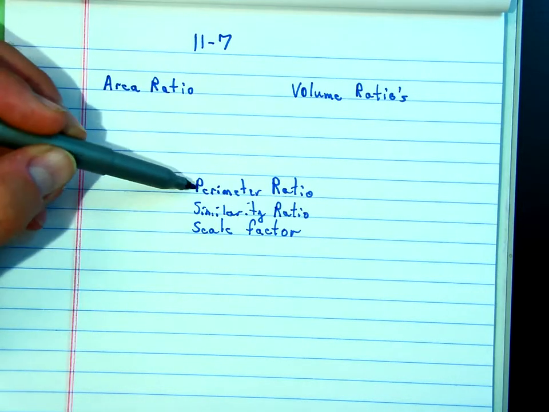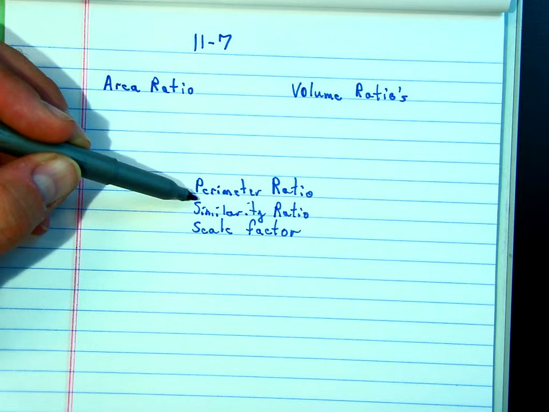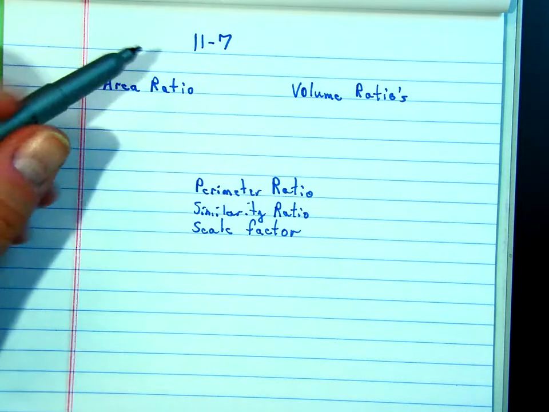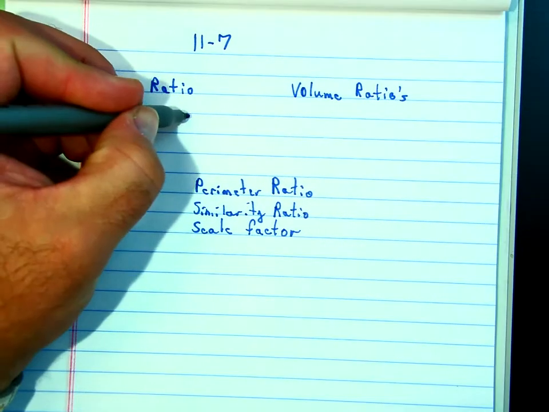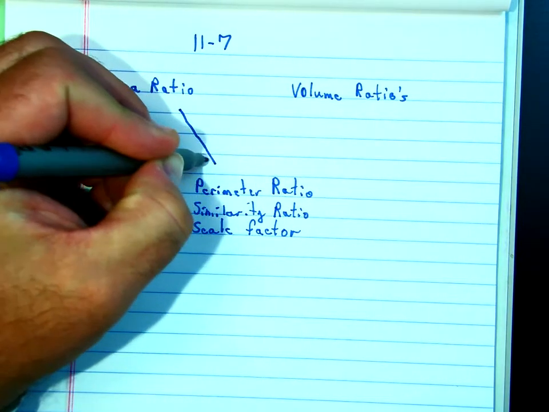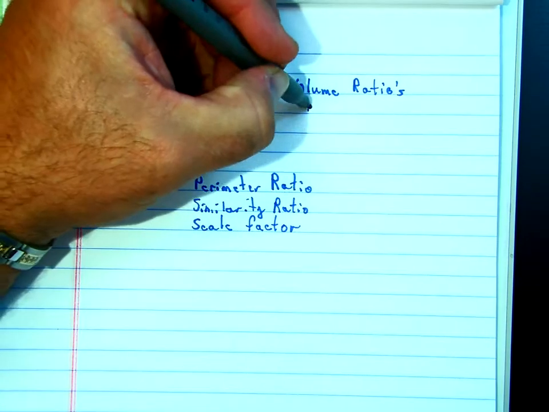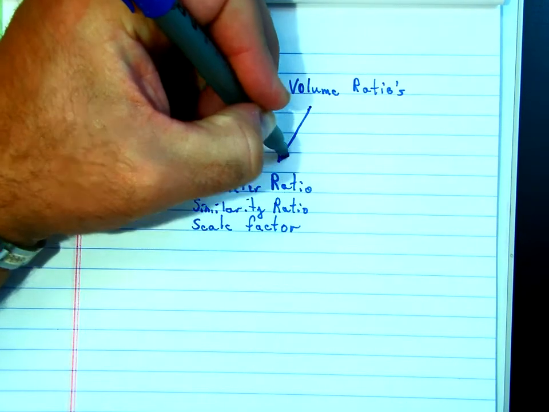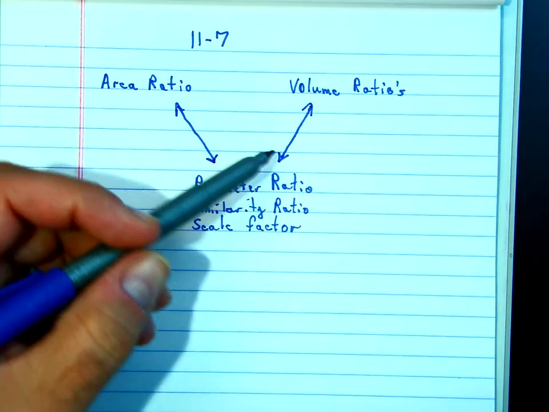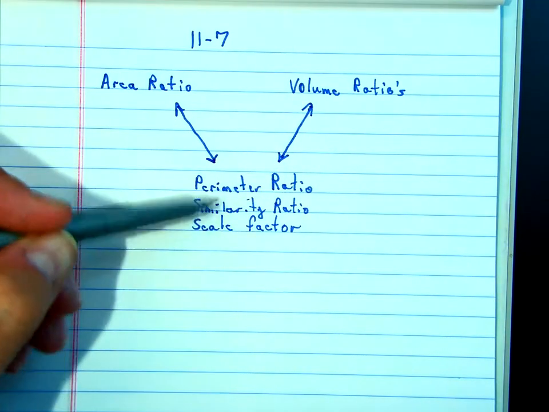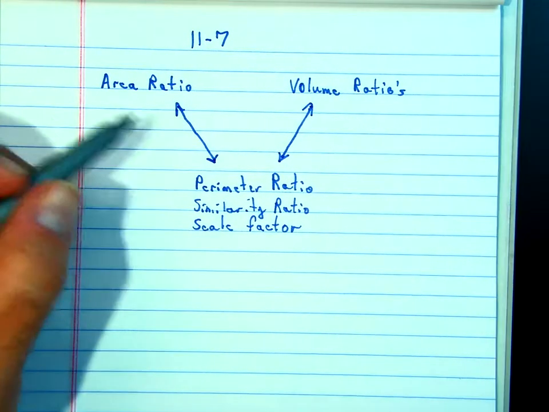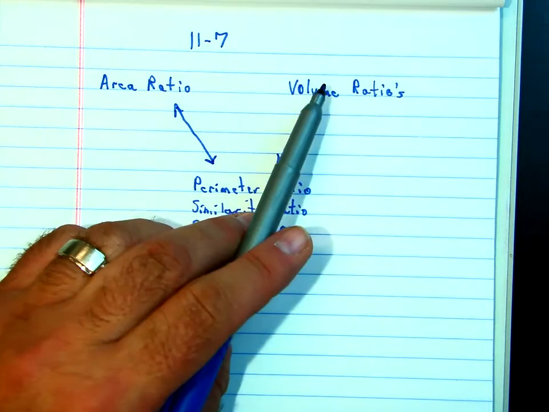But perimeter and similarity ratios are where you compare the two different shapes. All right, so you are able to go from area ratio to perimeter ratio, and you're able to go from volume ratio to perimeter ratio. Now remember, these names are synonymous. But what you can't do is go from area ratio to volume.